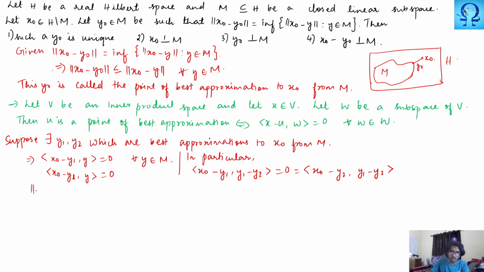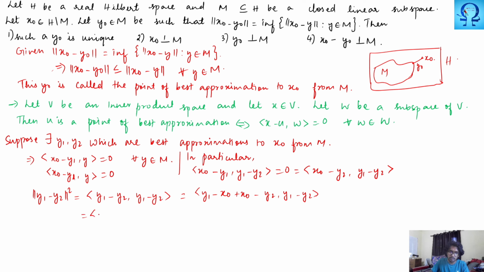In order to claim these two are equal, what shall we prove? They are one and the same. To prove this, let us evaluate the norm of y1 minus y2. By the properties of inner product, norm y1 minus y2 squared is the inner product of y1 minus y2 comma y1 minus y2. I just add and subtract the quantity x naught in the first position.